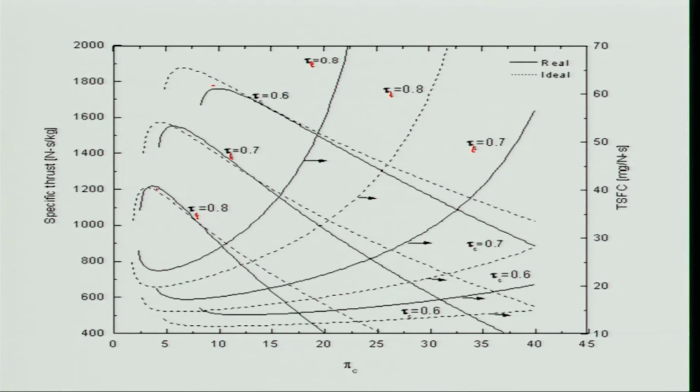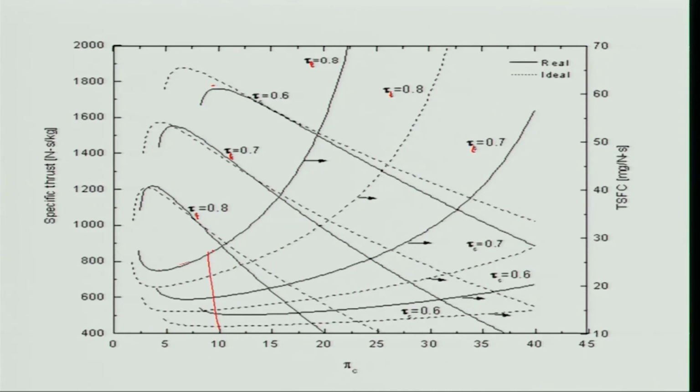So, the specific thrust will be decreasing, and of course, if you look at TSFC, which is just the opposite, for tau t of 0.8 the thrust specific fuel consumption decreases and attains a minimum value, and then again it increases for the real cycle, and you get a similar thing in the ideal case. The only difference between the real case and the ideal case is that the real case will have a higher TSFC for a particular value of pressure ratio.